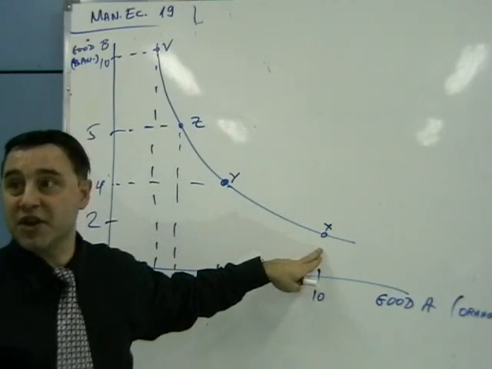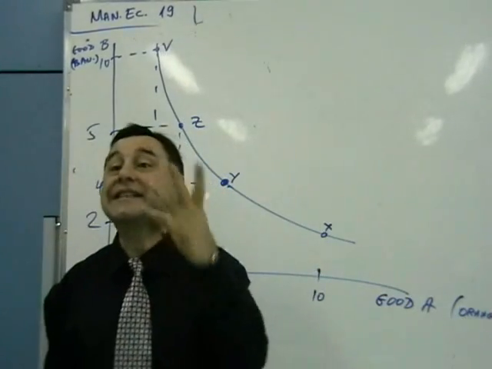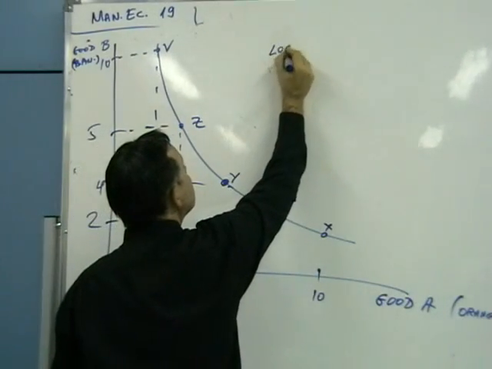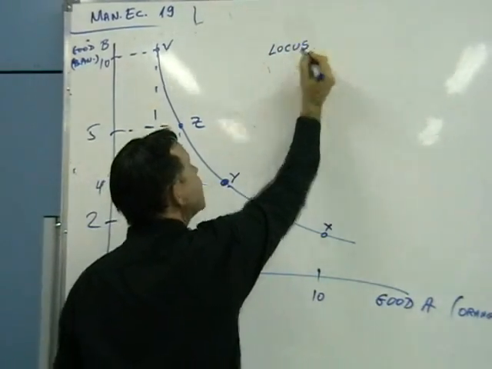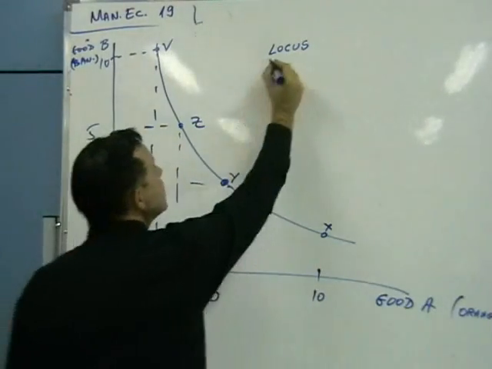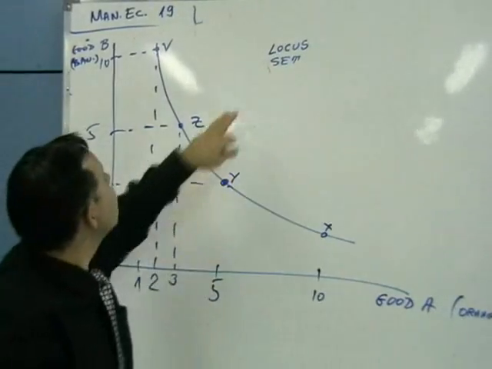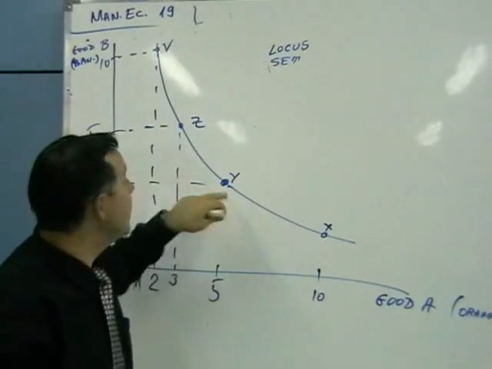So an indifference curve is a set of points. Sometimes we call it in English or in mathematics a locus. Locus is the same as set of points.